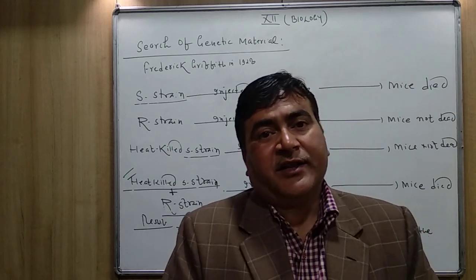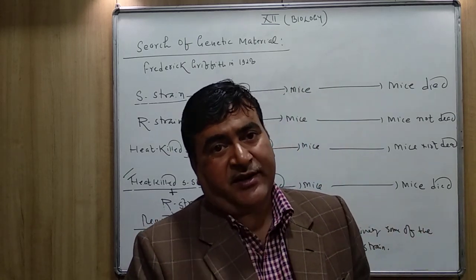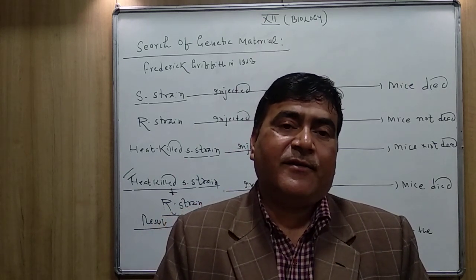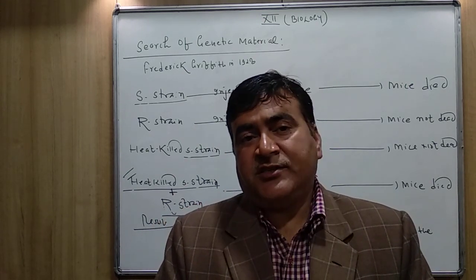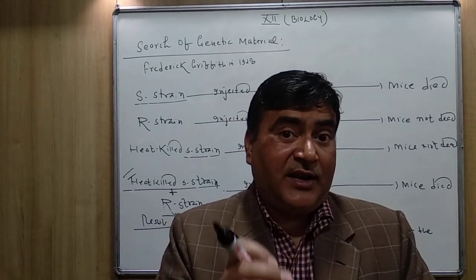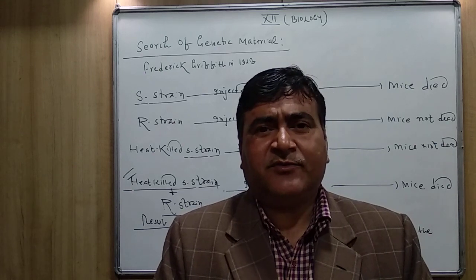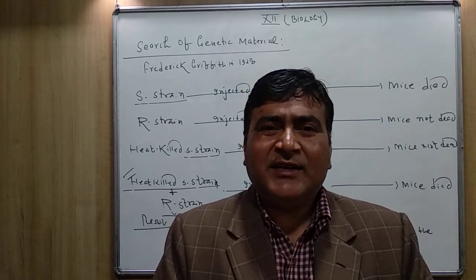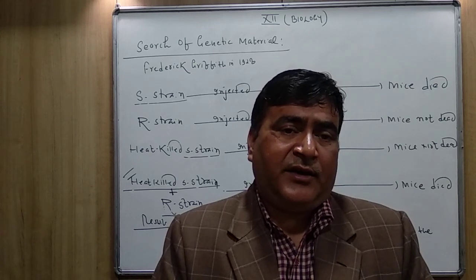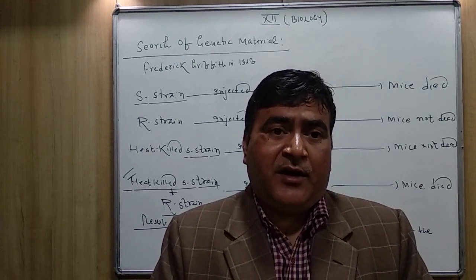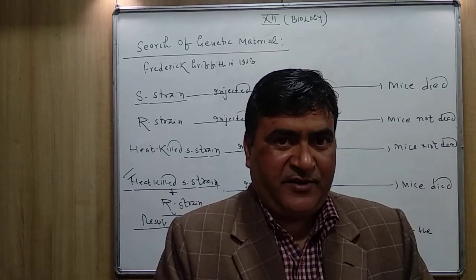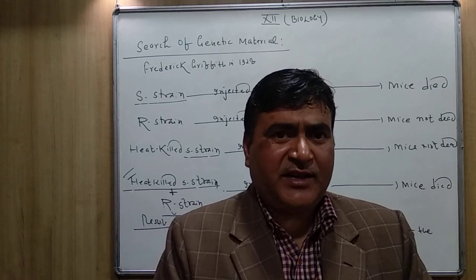And Griffith, finally, as I told you, was unable to identify the biochemical nature of the transforming principle. Definitely he suggested that something, some material, is transferring from the heat-killed strain to the R strain.